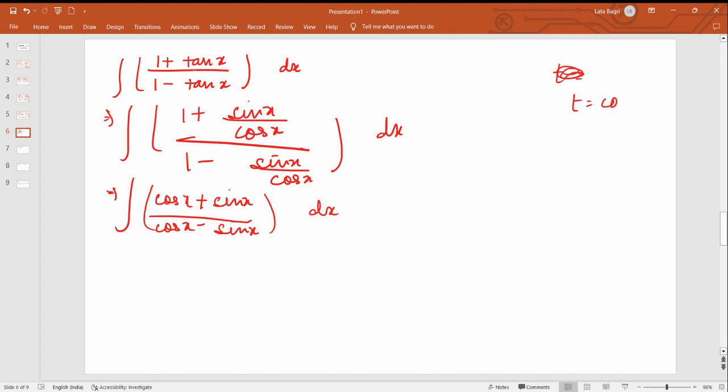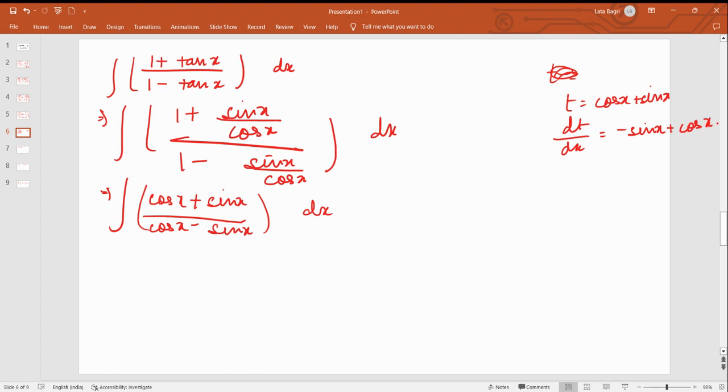So t is cos x plus sin x. dt by dx is minus sin x plus cos x. Correct? This is what we're going to do. So making dx the subject, we get what, dt by sin x plus cos x, and also a negative sign, don't forget. So I'll put this negative sign behind, replace this as t by cos x minus sin x.